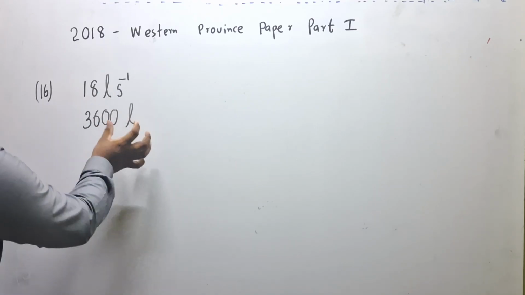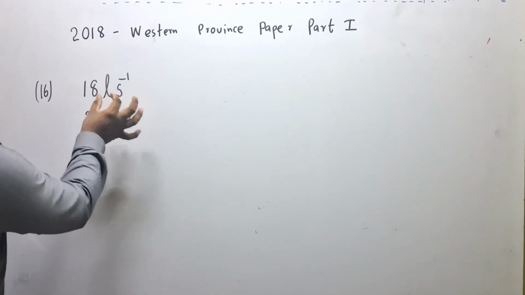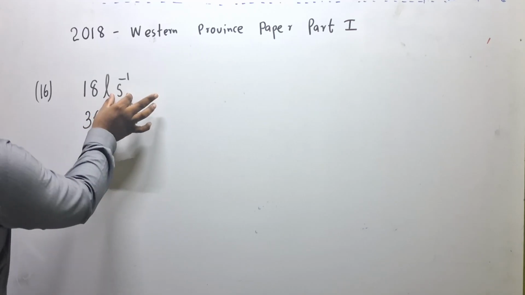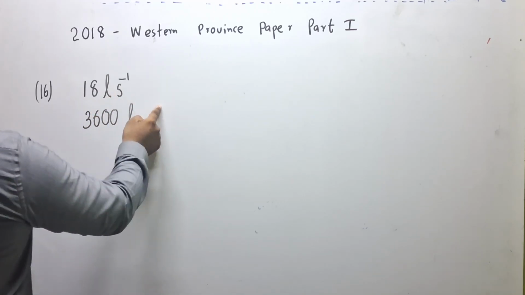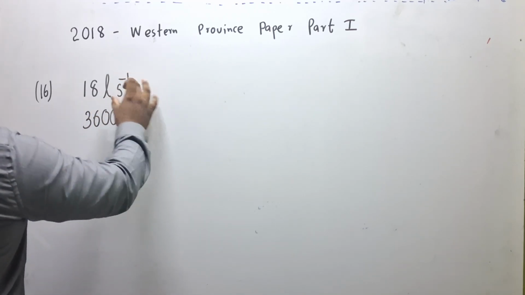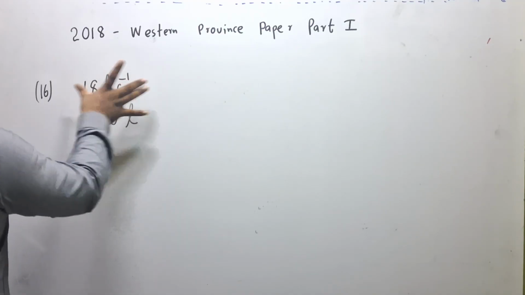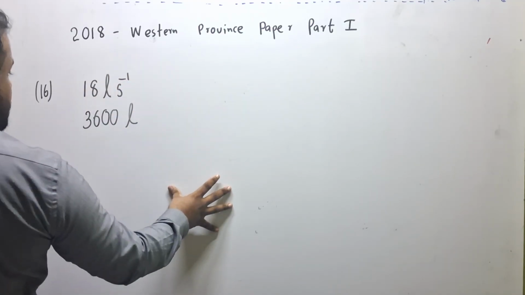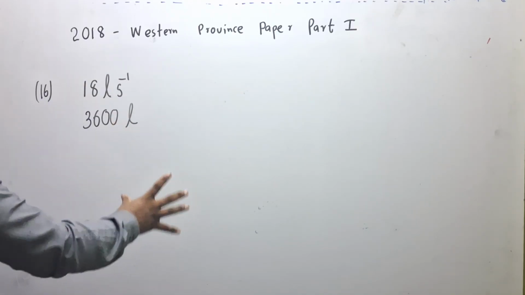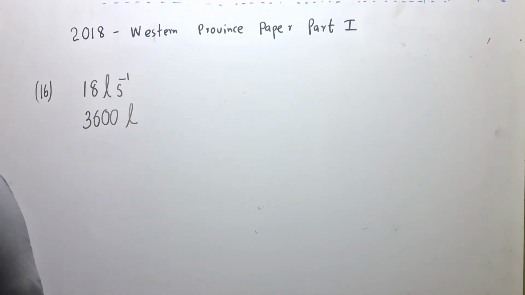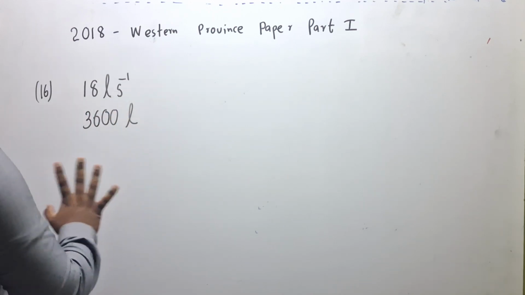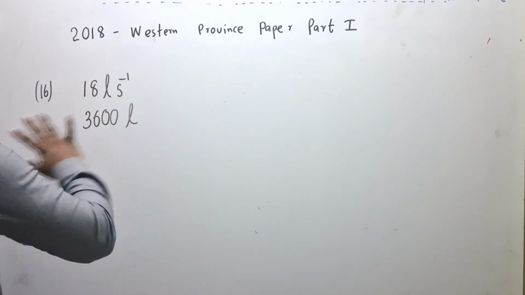That means the liter value has to be cancelled with the liter value, and the second value has to come up from the denominator and become the positive index. That means 18 liters per second must go down, 3600 liters must come up to the numerator. That's one method to think. If not, you can use the equation.